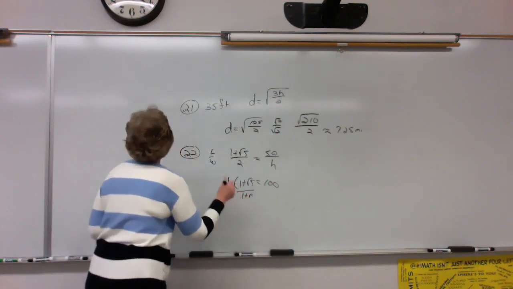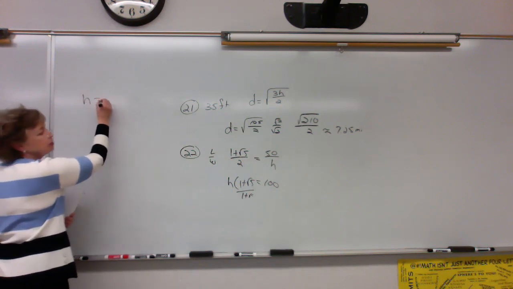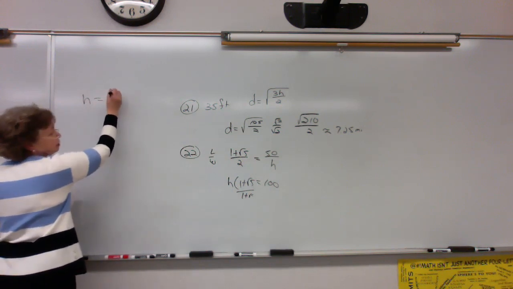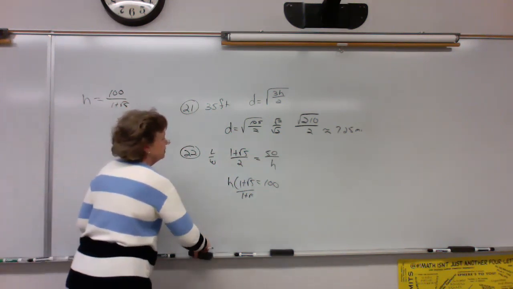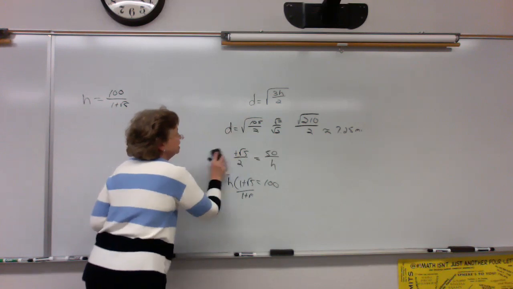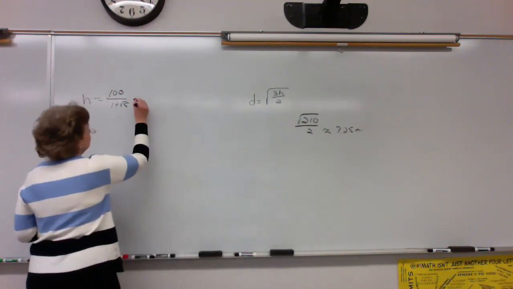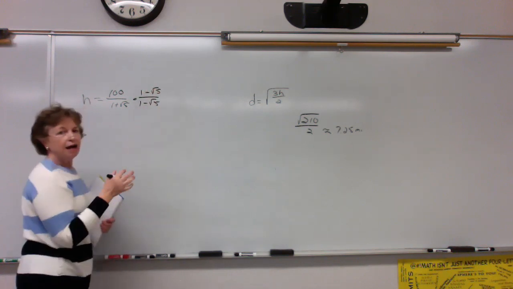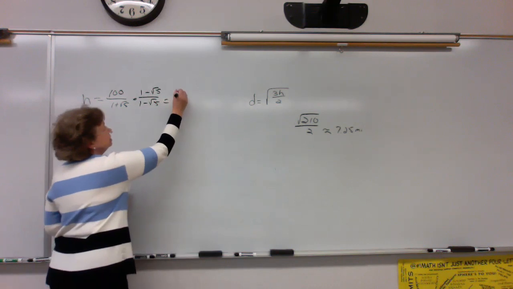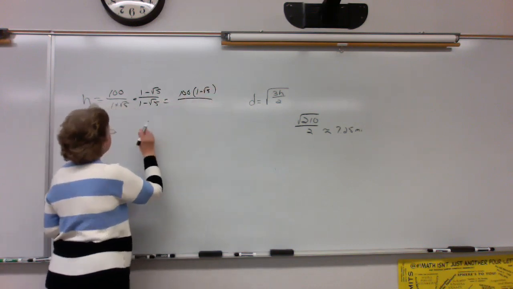I'm solving for h, so we're going to divide by that 1 plus root 5. So h equals 100 divided by 1 plus root 5. At that point, we're going to multiply by the conjugate. That conjugate is 1 minus root 5. I'm multiplying that numerator, so you have 100 times 1 minus root 5 over the denominator.